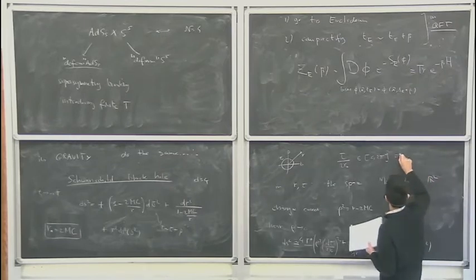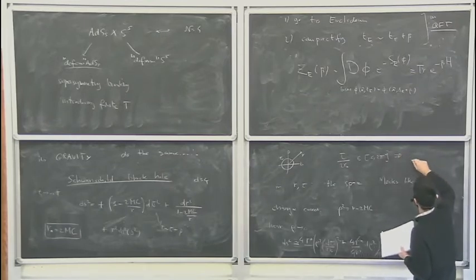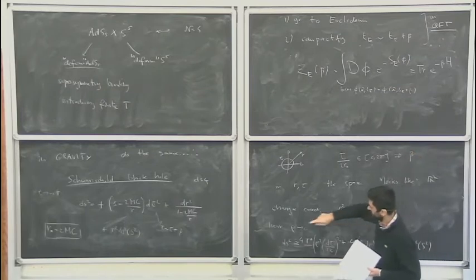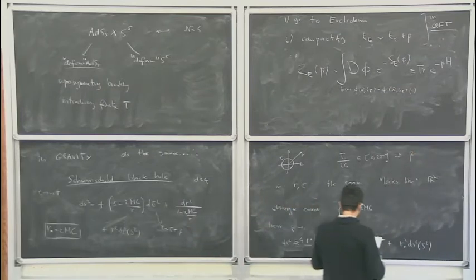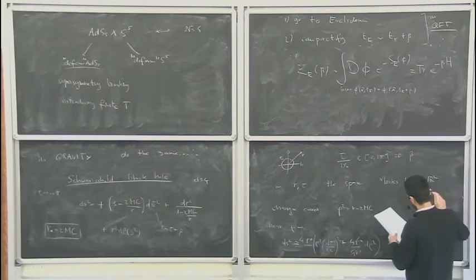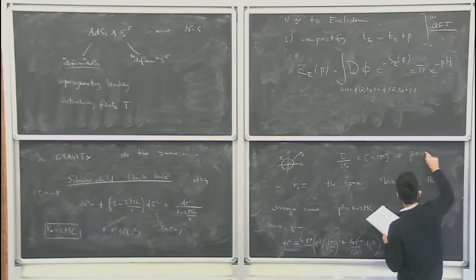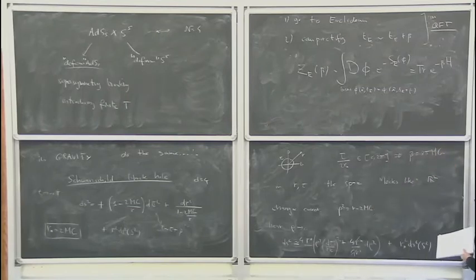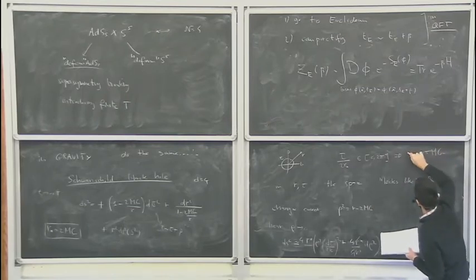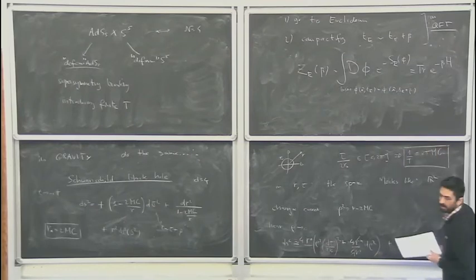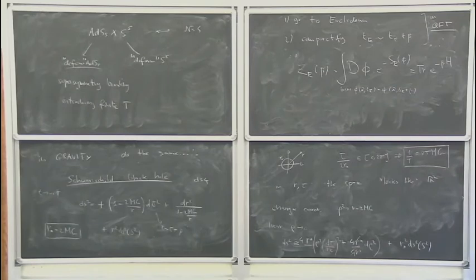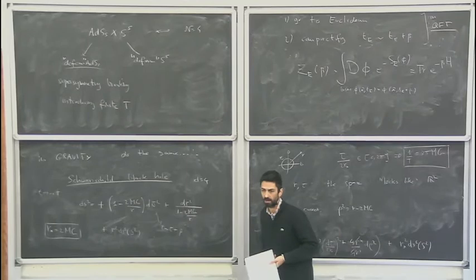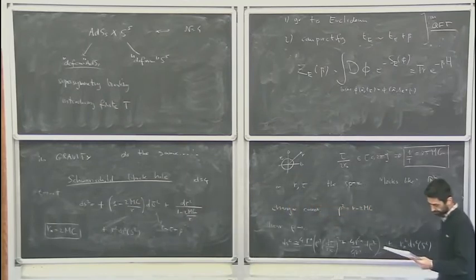Okay, so that means that beta, the periodicity here, is then fixed to be 8 pi mg. But beta is nothing but 1 over T. Okay, so that gives the temperature at which the black hole is in this Euclidean quantum gravity approach.